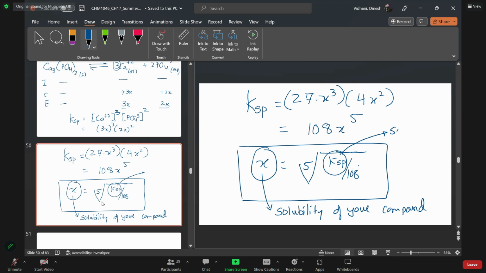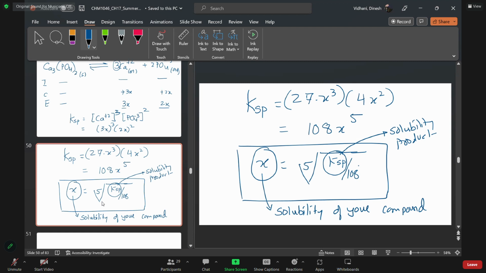KSP is the solubility product. See, there's a big difference between them. KSP is an equilibrium constant, it does not tell you about the actual solubility. Keep in mind, it's an equilibrium constant. It's a ratio. It's very important for you guys to distinguish between the solubility and the solubility product.